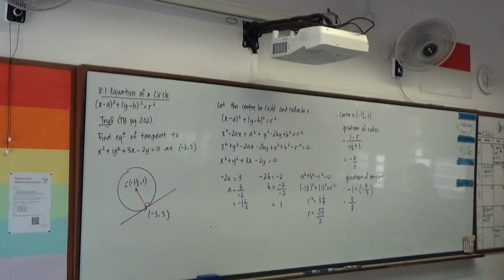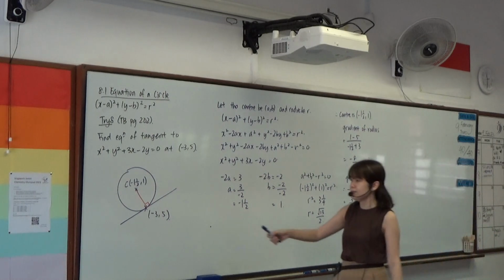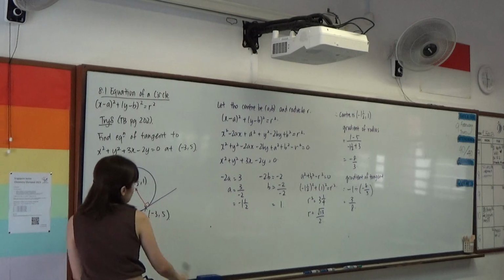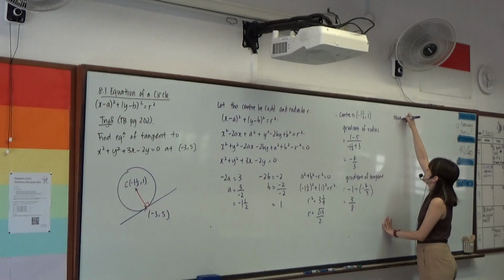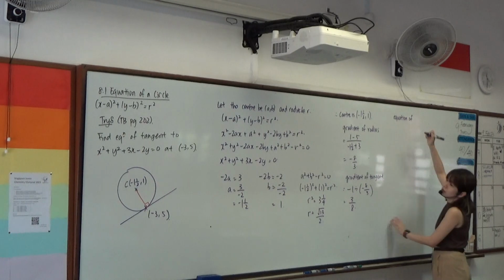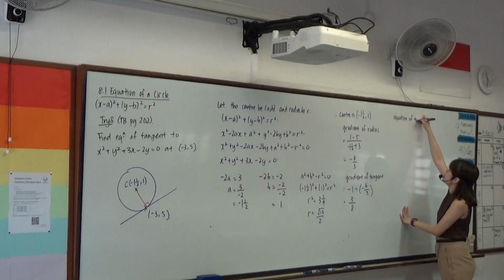Now that we have the gradient of the tangent already, and we do have the point on the tangent line, we can find the equation of the tangent.